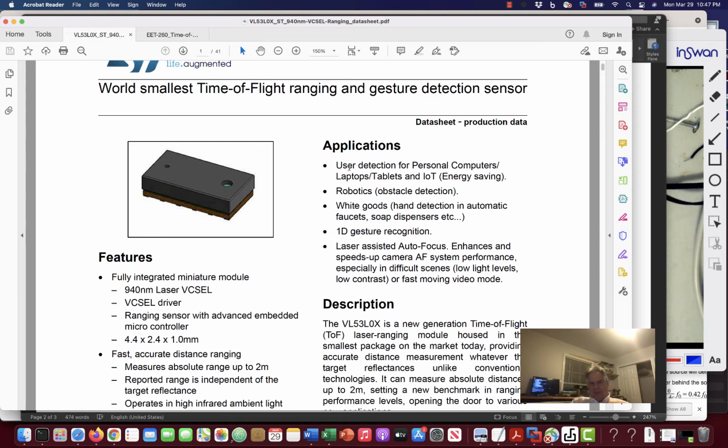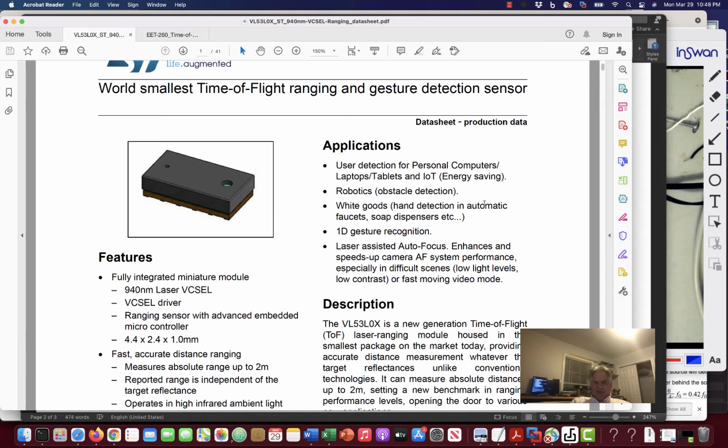here's some applications here. User detection for personal computers, laptops, and robotics for obstacle detection, or maybe safety. Something is moving near an area and you don't want interference either with humans or between mechanical things, and this time of flight could tell you something's getting too close.